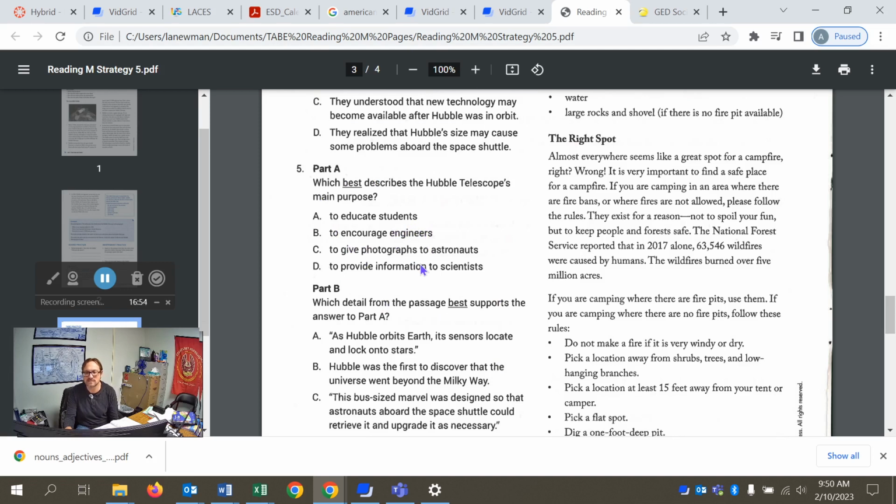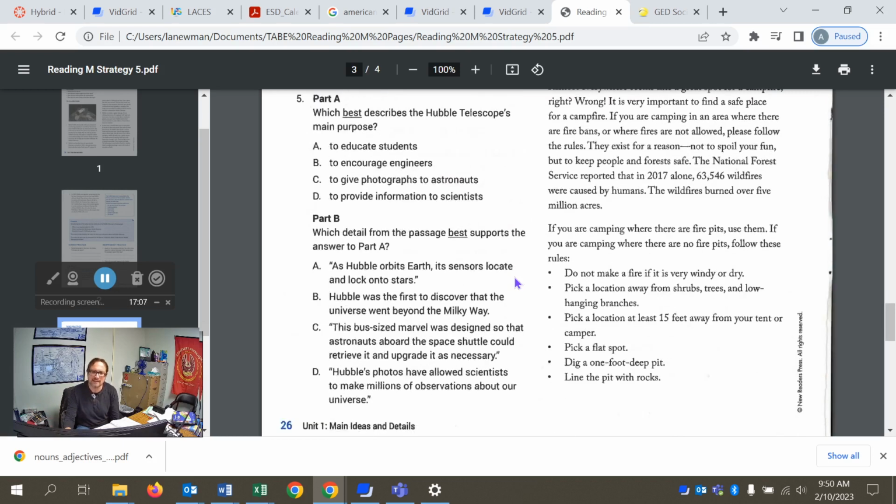It absolutely gives photographs that astronauts can use. But we're looking for the main purpose, the biggest picture idea, and it's to provide information to scientists. Visual, numerical, and so on. And now we have to, in part B, find the detail that best supports our answer. And remember, it was D, provide information. And it's D again.